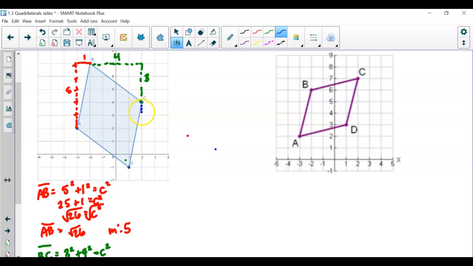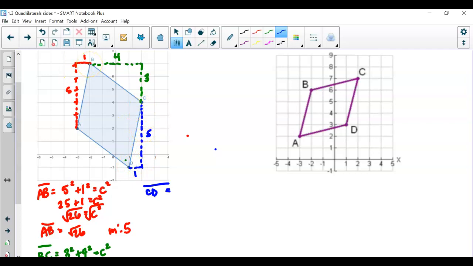So side CD. Again, my rise and my run for side CD. My rise is 5, my run is 1. So what do you notice? The opposite sides, AB and CD, have the same length for the right triangle.